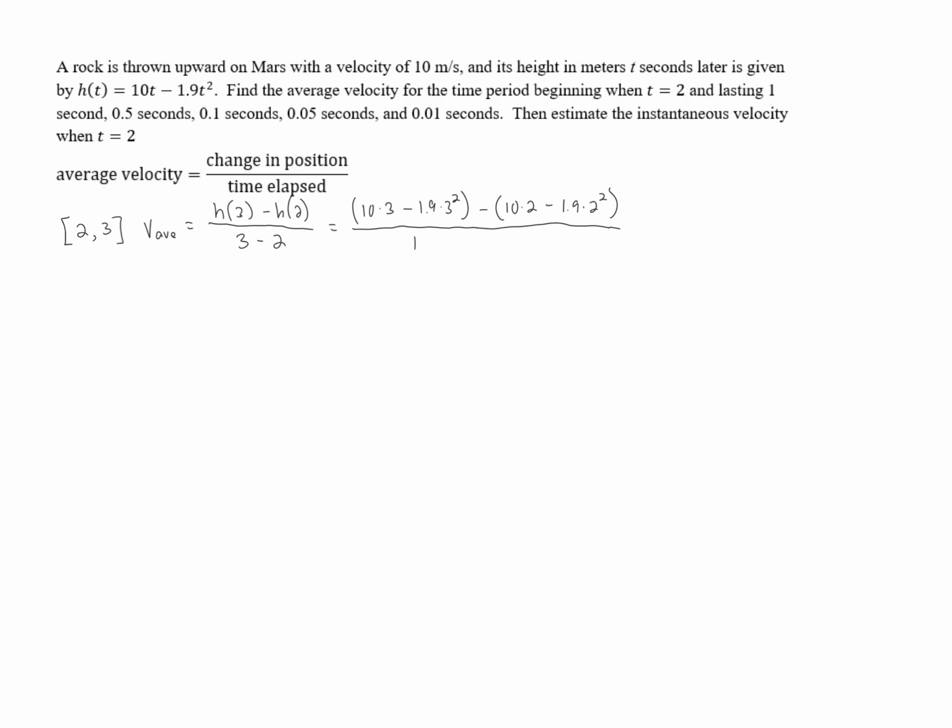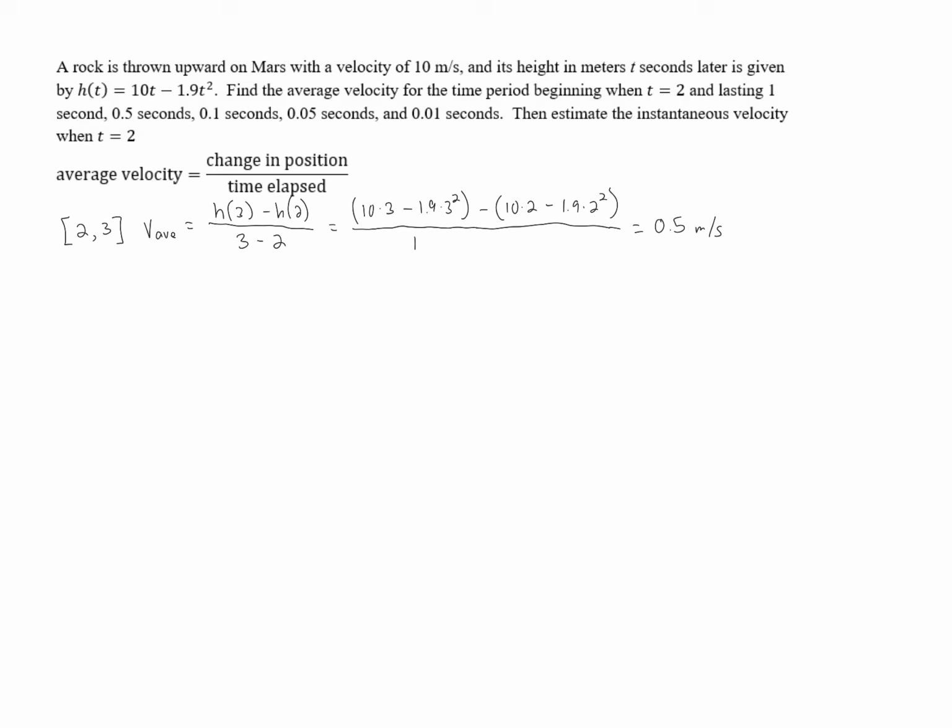And again, I am just going to use a calculator for that, and I end up with 0.5. And this is going to be measured in meters per second. So the average velocity for that 1 second long interval is going to be 0.5 meters per second. All right, so that's the calculation for lasting 1 second.